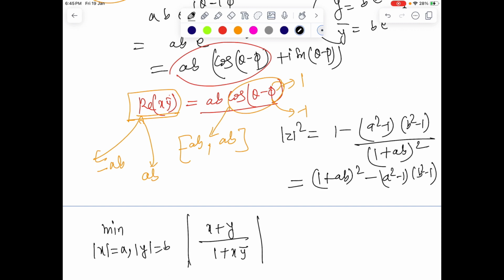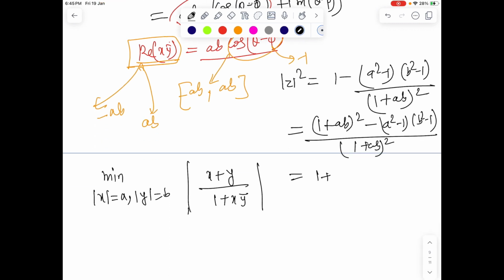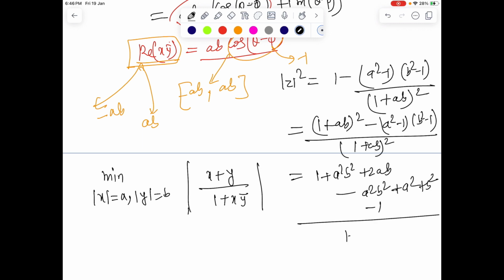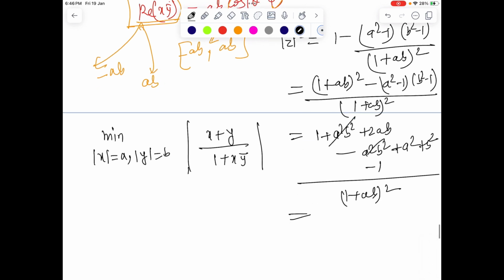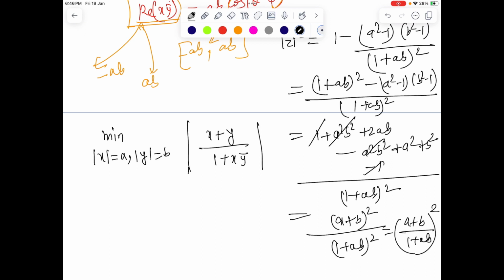So we have 1 plus ab whole square minus a square minus 1 into b square minus 1 by 1 plus ab whole square. This you can write as 1 plus a square b square plus 2ab minus a square b square plus a square plus b square minus 1 by 1 plus ab whole square. We simply evaluate: a square b square gets cancelled, 1 and 1 get cancelled. So on top we have a plus b whole square, down 1 plus ab.